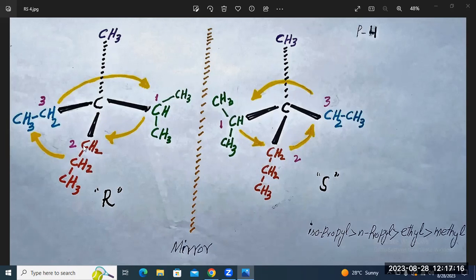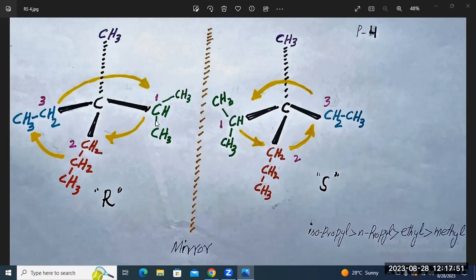But this carbon, which is directly attached to the central carbon, the chiral carbon, is attached only to one carbon. So this is the reason that the branched alkyl group would get the priority over the normal alkyl groups and so on.